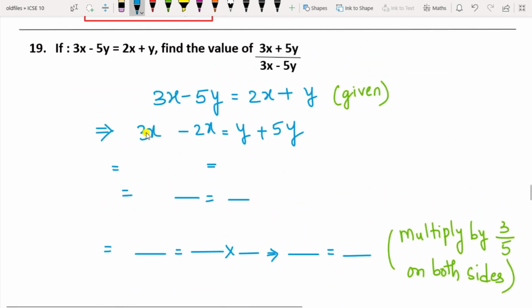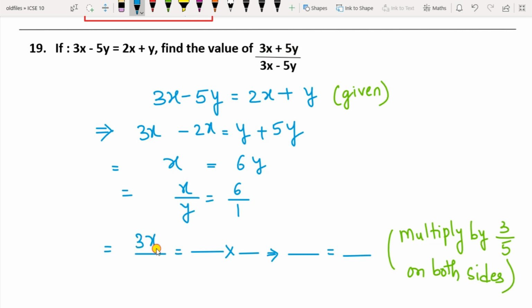Question 19. This is the given ratio and they are equal. Here find the value of (3x plus 5y) upon (3x minus 5y). So write the given thing, bring the like terms together. So its result will be 3x minus 2x is x and this is 6y, therefore x by y is 6 by 1. Okay. Now here the coefficients are 3 and 5, so multiply by 3 by 5 to both the sides.